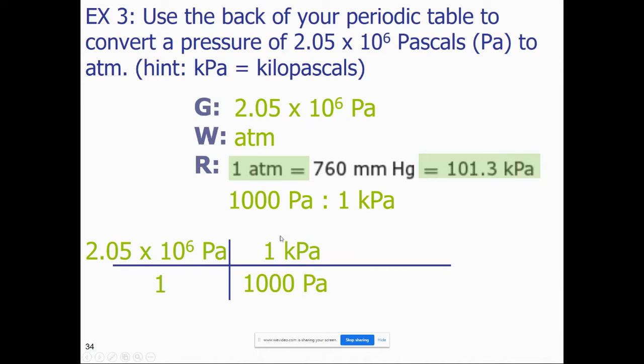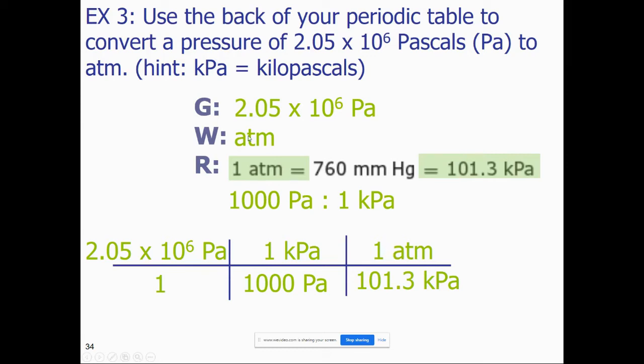So now let's look at kilopascals. We have a relationship here. I said 101.3 kilopascals is equal to 1 atmosphere. Well, we're going to put this part on the bottom and this part on the top because we want kilopascals to cancel out. When you do that, your kilopascals cancel out and you're left with atmosphere.